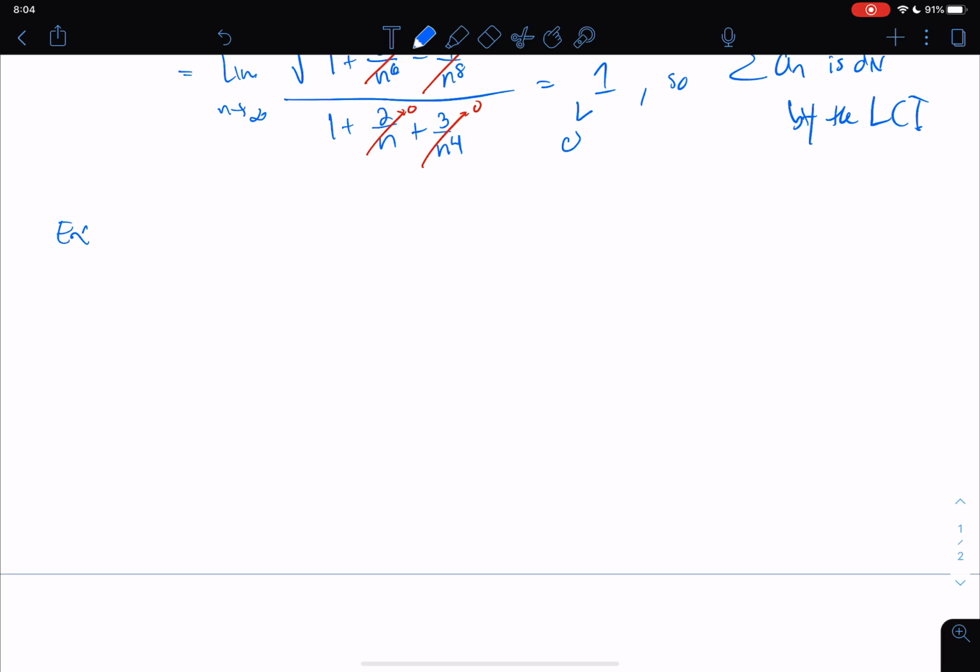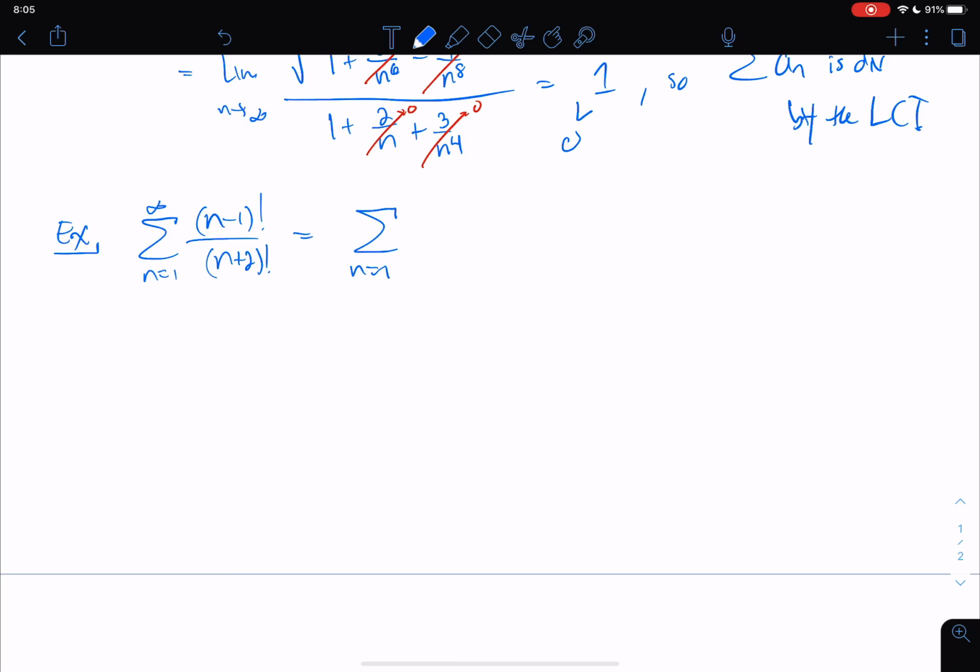So one of the first examples we saw is the series n minus 1 factorial over n plus 2 factorial. Now we don't know whether we need the direct or limit comparison test, but regardless, the first thing I want to do is simplify this.